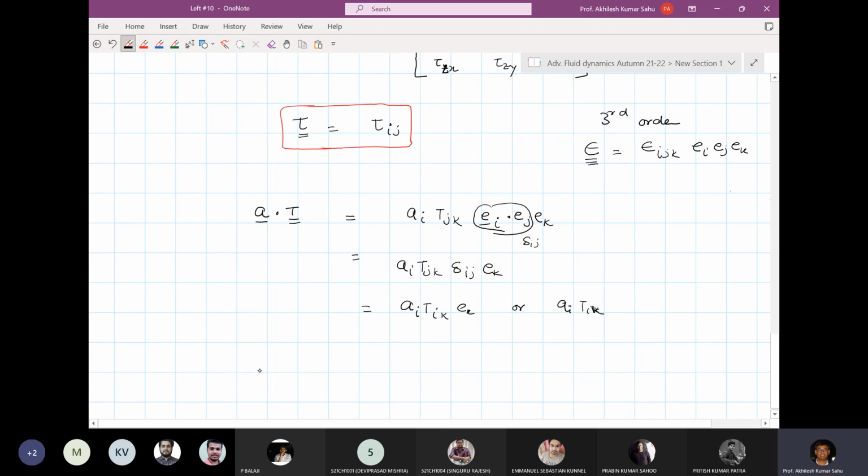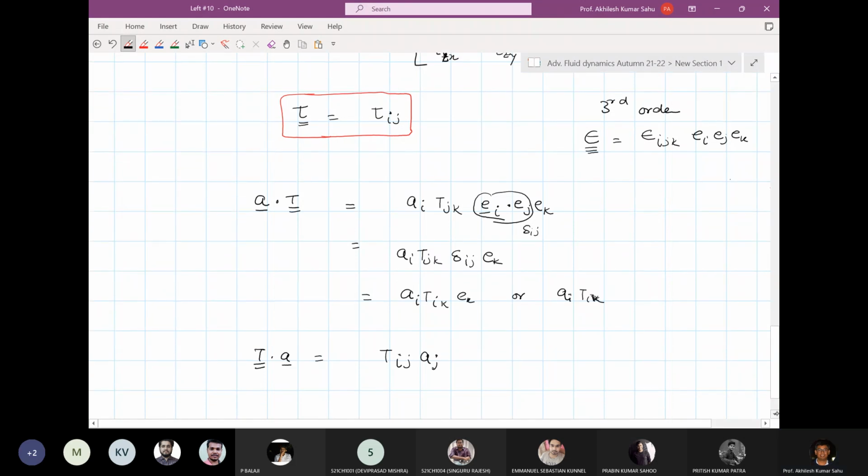If it is t dot a, can you guess what will be the index notation for this? Tij aj. The index for j and the second index for t will be the same because it's t dot a. If it is a dot t, it will be ai tij. If t dot a, it will be tij aj.